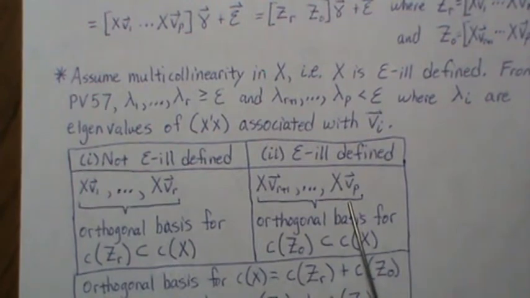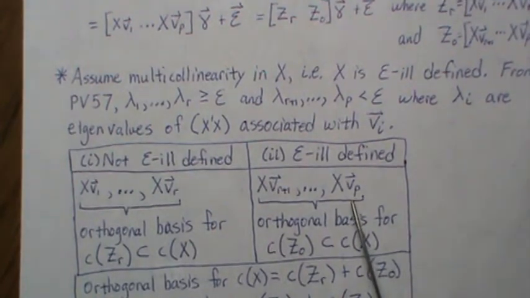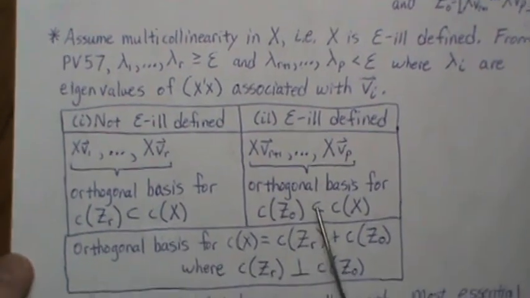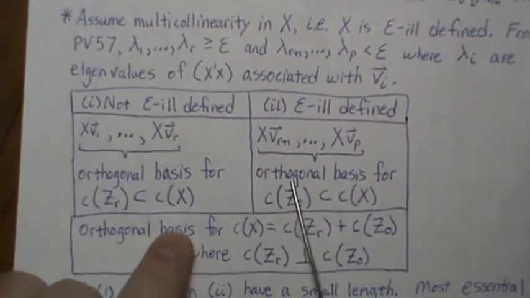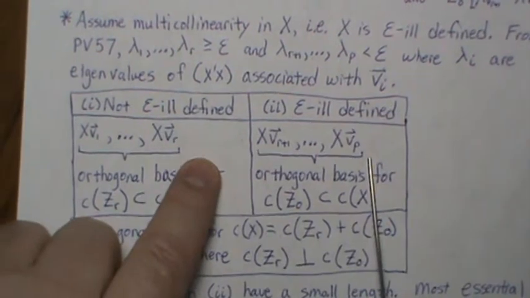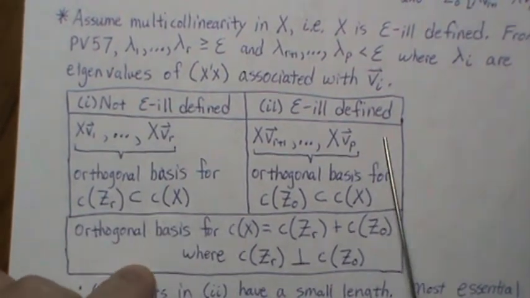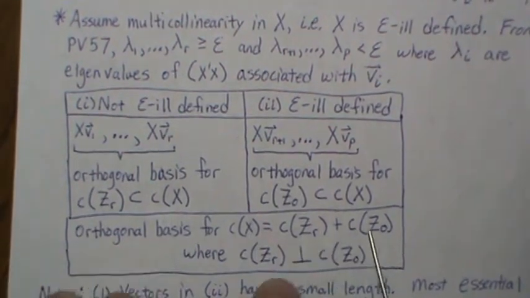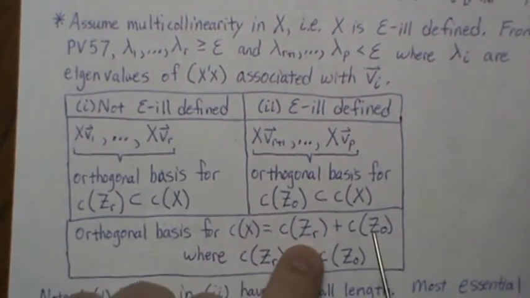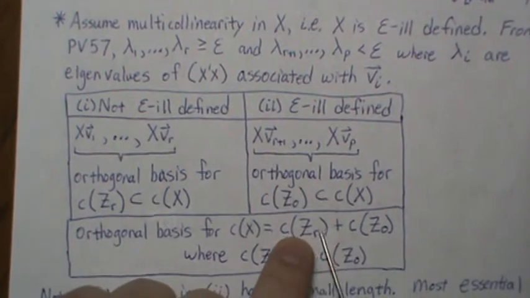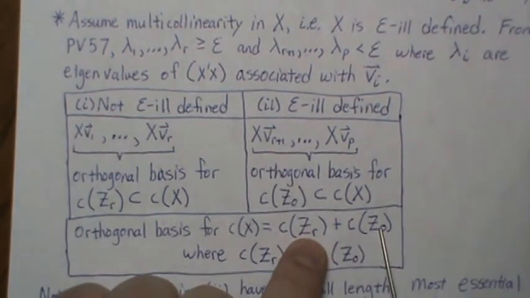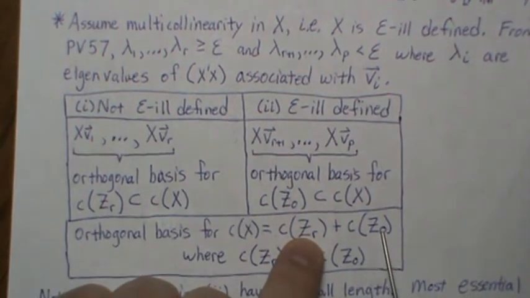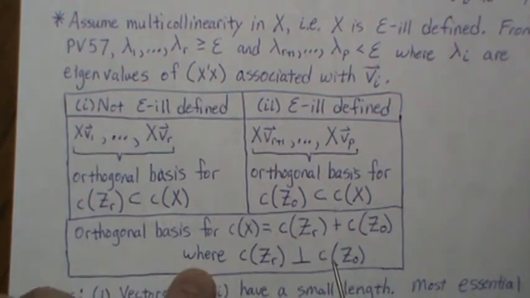And then we notice that the last p minus r vectors are all ill-defined. But they also create an orthonormal basis for a subspace of the column space of X. But every vector spanned by these is epsilon ill-defined. So they're all very small in length, and they don't contribute much information to the design matrix. We also showed that these plus these create an orthogonal basis for the column space of X, and that the column space of X is equal to the span of both of these orthogonal bases.